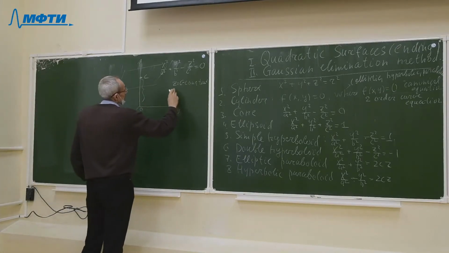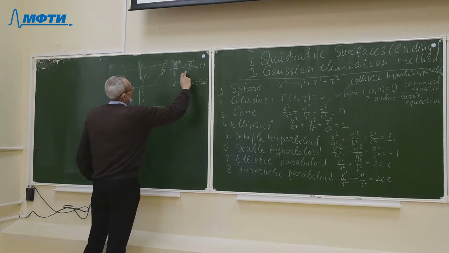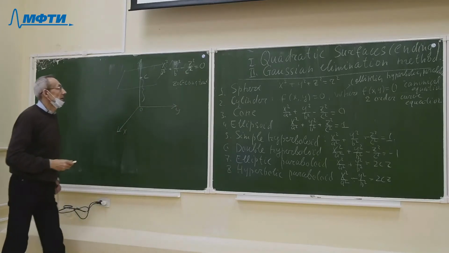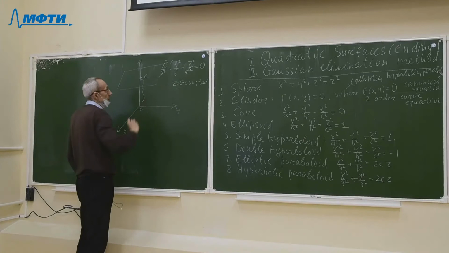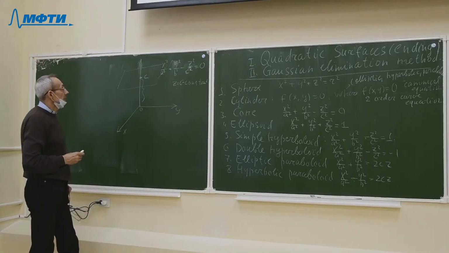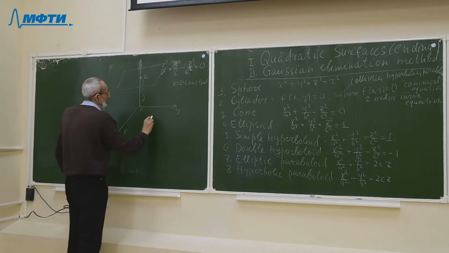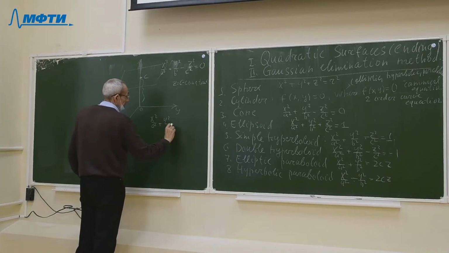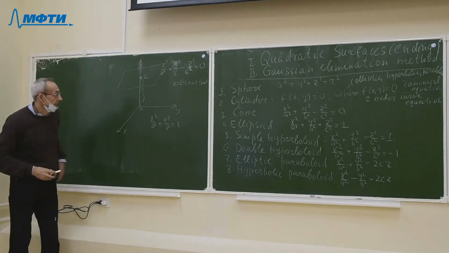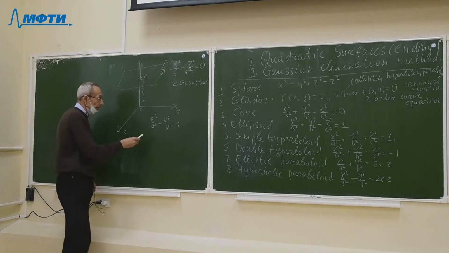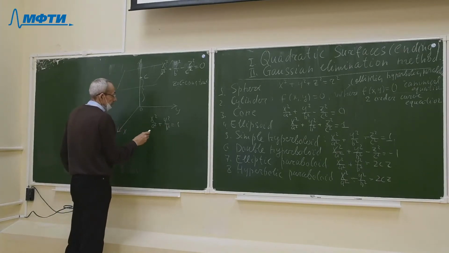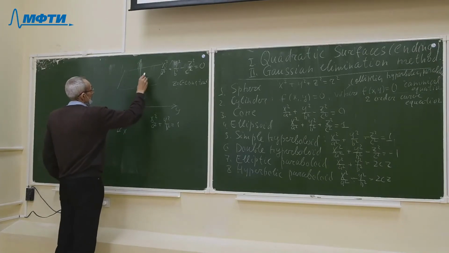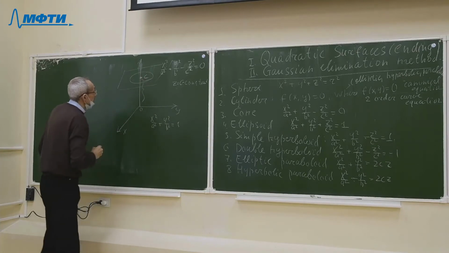For example, let z be equal to exactly c, which is the fixed constant in the definition of the equation of the cone. In this case, we obtain the equation of an ellipse with defining constants a and b, and in this case we obtain the cone.